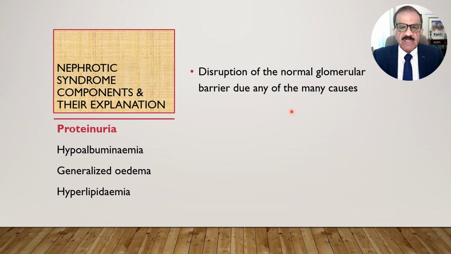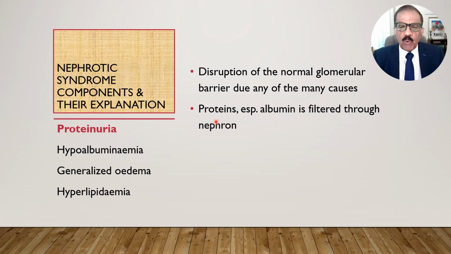But once this glomerular structure is destroyed, mostly by immune complex disease and also by other mechanisms, this protein, which is part of our plasma, will filter into the glomerular tubules and then be excreted into the urine. Proteins, especially albumin, are filtered through the nephrons, for 2 reasons.